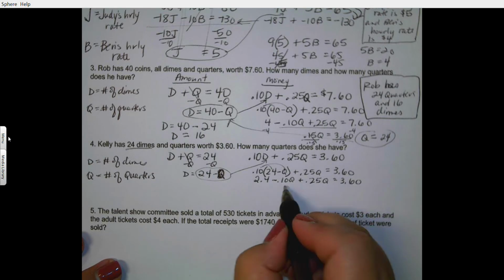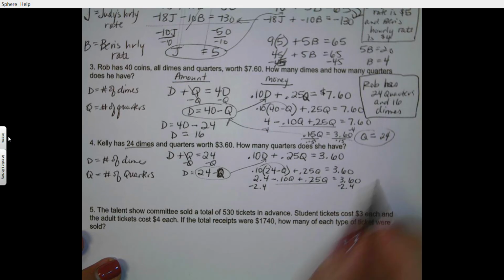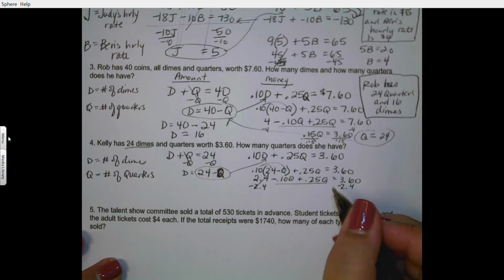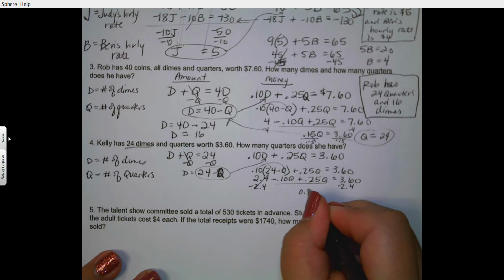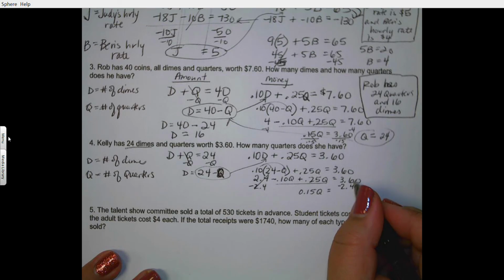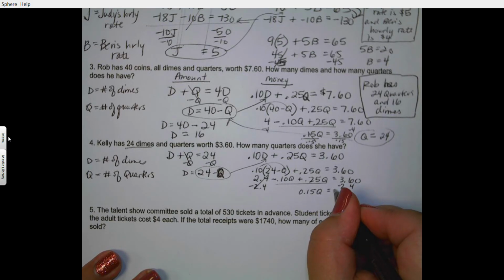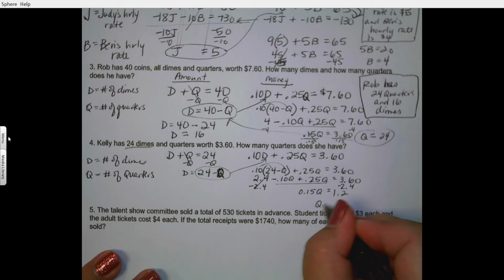Put my Q's together, subtract 2.4 from both sides. When I put my Q's together, I have 0.15Q and 3.60 minus 2.4 is positive 1.2, and when you divide, I get Q is equal to 8.